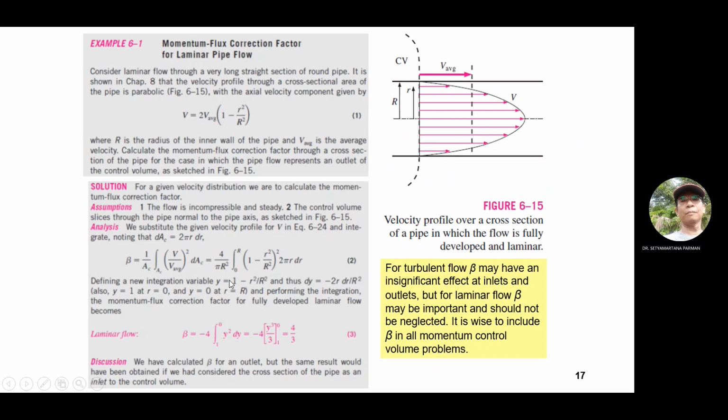So it means we will have 4 over pi R square and then the integral from 0 to R, and then we follow the velocity profile here, 1 minus r square over large R square, and then dAc itself becomes 2 pi r dr. So actually we see the circle, and the circle has the width dr.